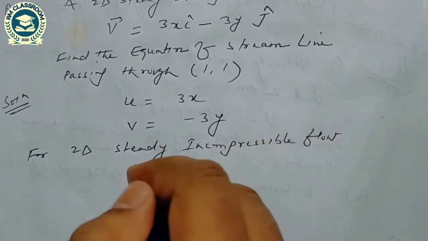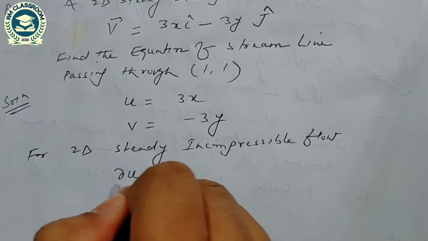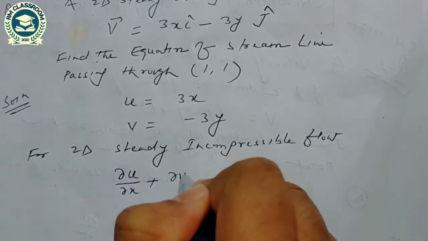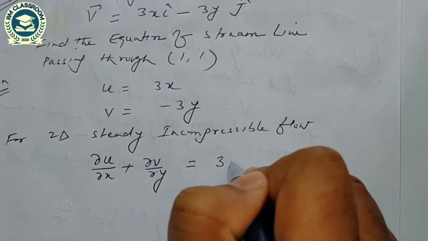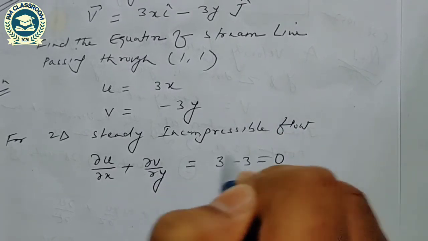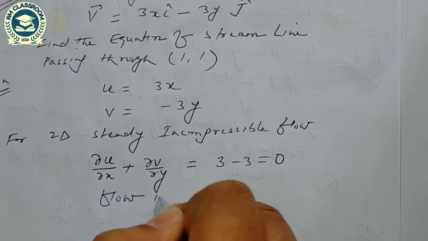We have seen the expression of the continuity equation, del u by del x plus del v by del y, and del u by del x is 3, minus 3, is equal to 0, means flow is possible.